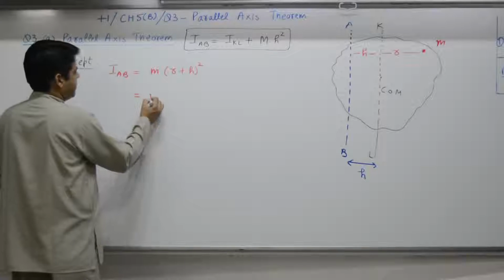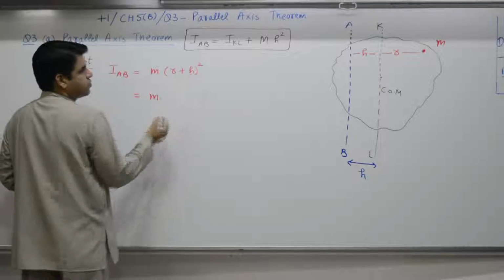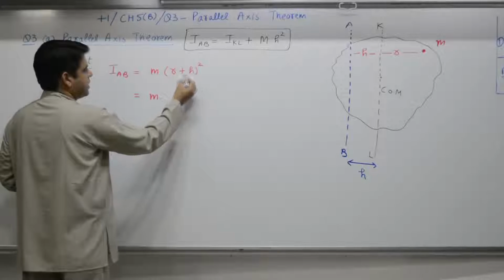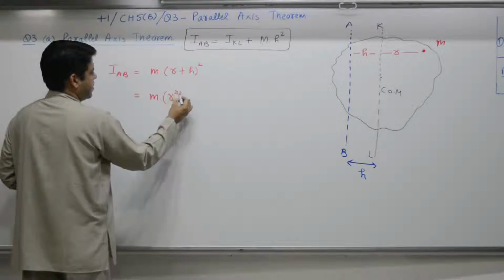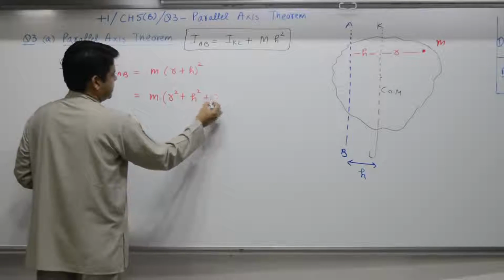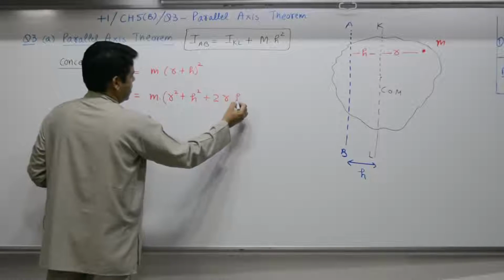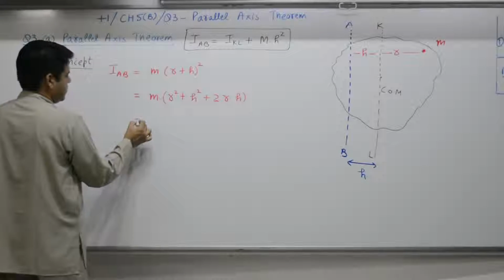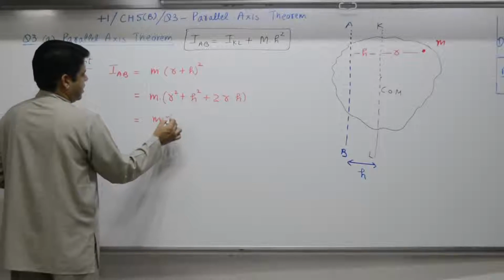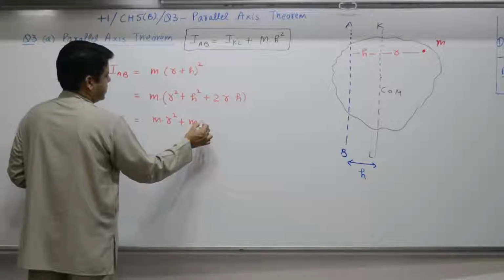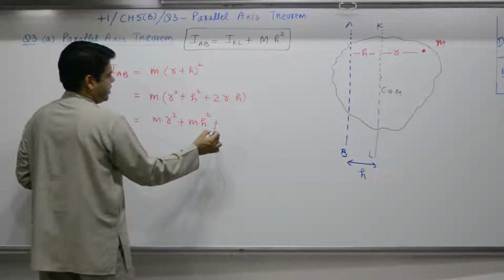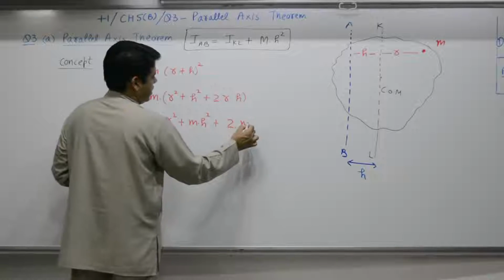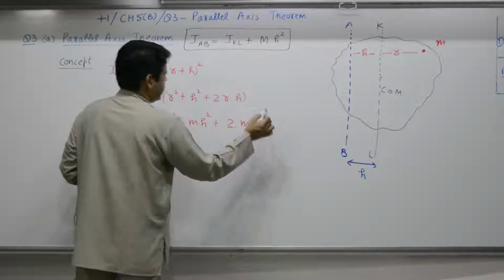What you get is, using (a plus b) square equals a square plus b square plus 2ab, m times r square plus h square plus 2rh, which is equal to m r square plus m h square plus 2 m r h.